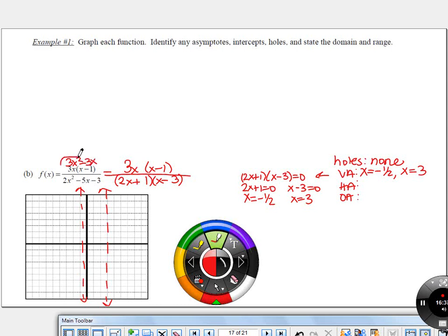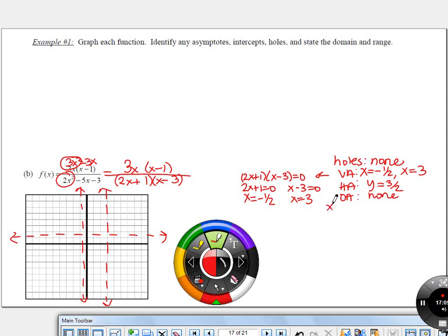So remember, when the degrees are the same, we're focusing on both of the first terms here, and we're using the ratio between the lead coefficients. So in this case, 3 over 2. So there is a horizontal asymptote, and it's at y equals 3 over 2. And then that means there is no oblique asymptote. So at 1.5, which is 3 over 2, I have a horizontal asymptote.